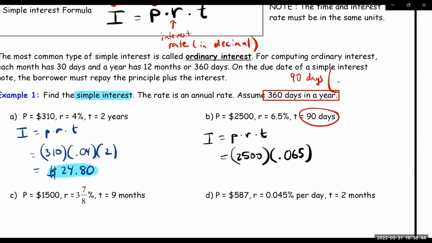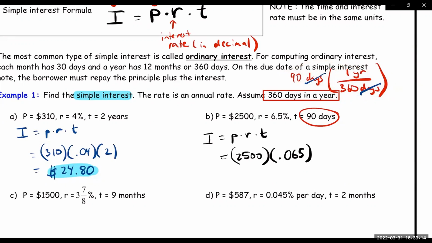So you would do 360 days on the bottom, 1 year on the top, and then you could cancel the days out because one's on the bottom and one's on the top. So that means you can cancel out the units, and then you're left with years. So you're going to have 90 times 1 divided by 360. 90 times 1 is 90, divided by 360 is 1/4.